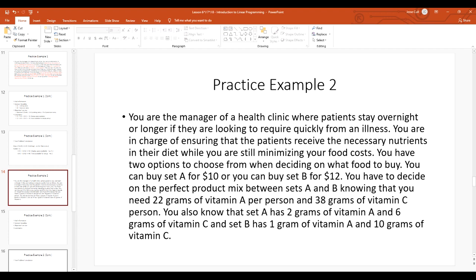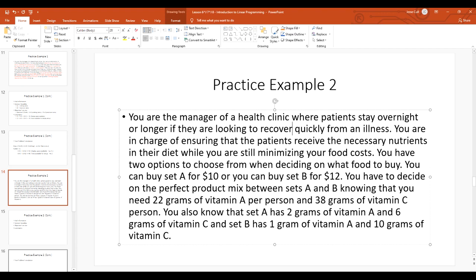So practice example 2. You are the manager of a health clinic where patients stay overnight or longer if they are looking to recover quickly from an illness. You are in charge of ensuring that the patients receive the necessary nutrients in their diet while you are still minimizing your food costs. You have 2 options to choose from when deciding what food to buy. You can buy set A for $10, or you can buy set B for $12.